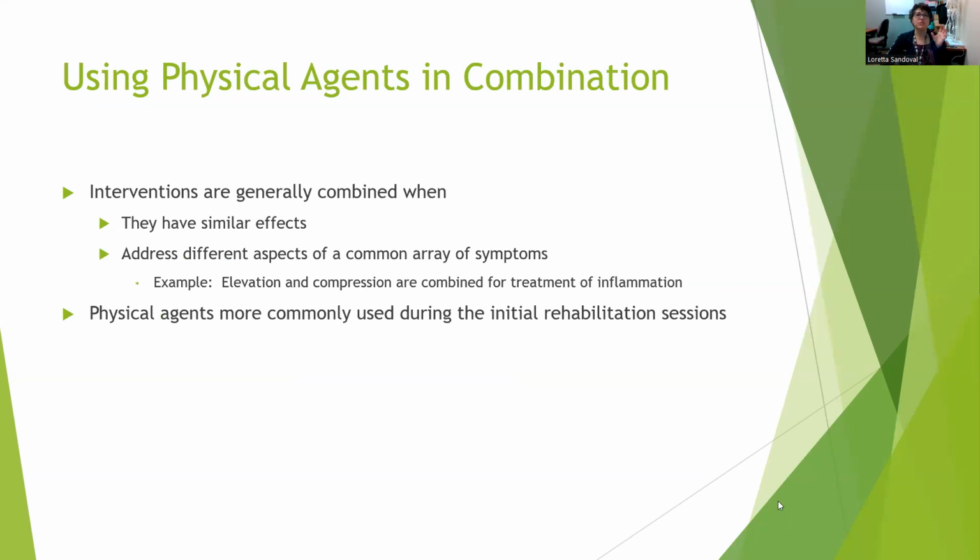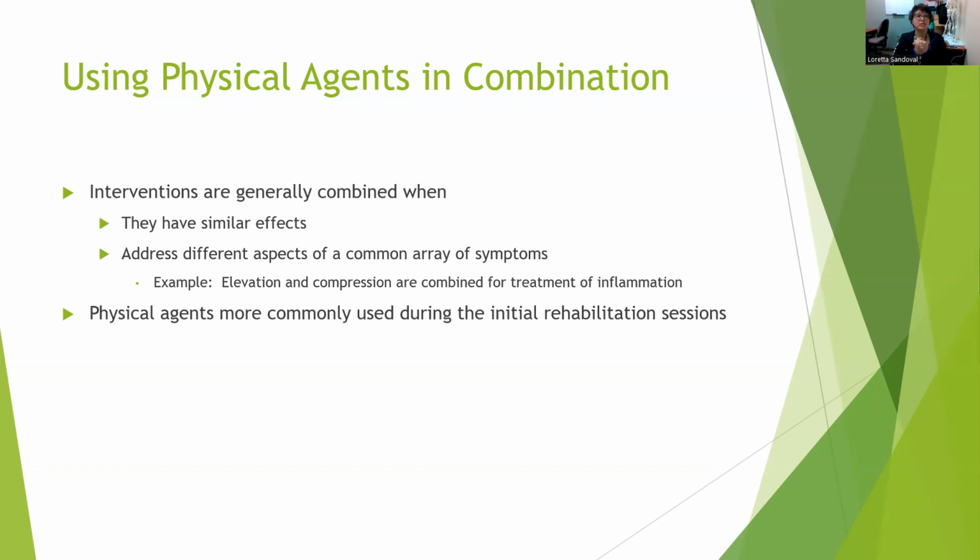So when we're using physical agents in combination, we're usually using interventions that have similar effects. We don't want to use things that have opposite effects. One thing that decreases circulation and one thing that increases circulation sort of cancel each other out in a way. Things like compression and elevation have similar effects for moving fluid out of the area and decreasing inflammation.